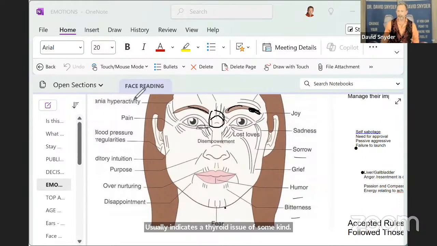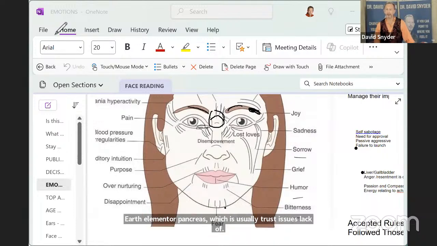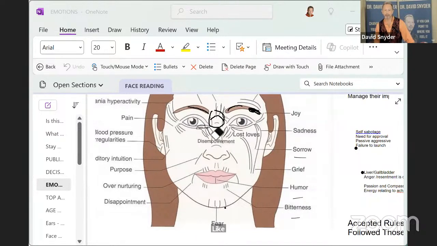If it's just this, it can be erratic blood sugar, hypo or hyper, or it can be something related to the earth element, spleen or pancreas, which is usually trust issues, lack of sweetness in their life, not feeling fulfilled in their life, things related to that. What else you got? Like I said, this is your training, so you tell me what you want to know about.